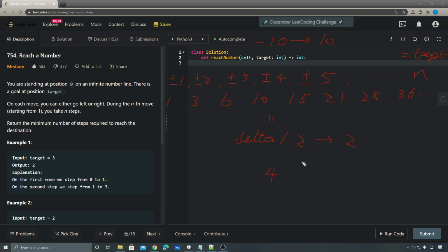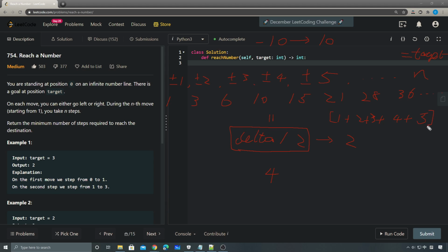I think the proof is also kind of straightforward. Since the delta divided by 2 will always be smaller than the total from 1 to the current number, we have 1 plus 2 plus 3 plus 4 plus 5, and the delta divided by 2 will not be greater than this total.